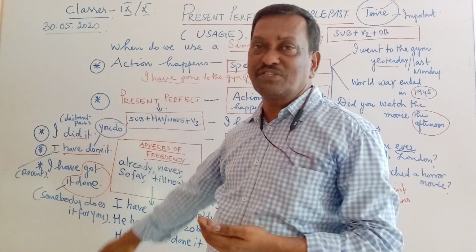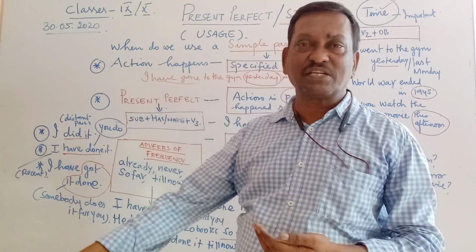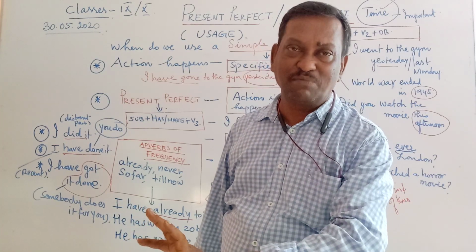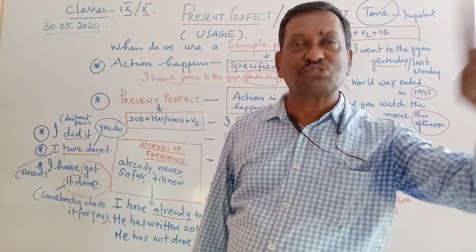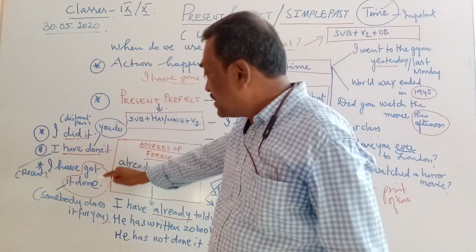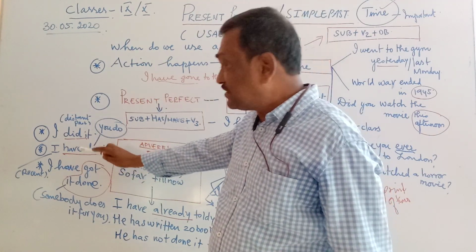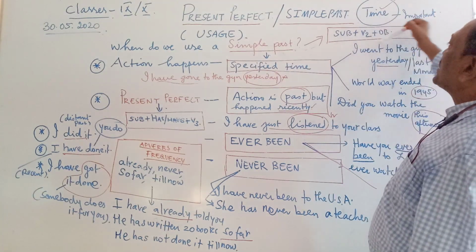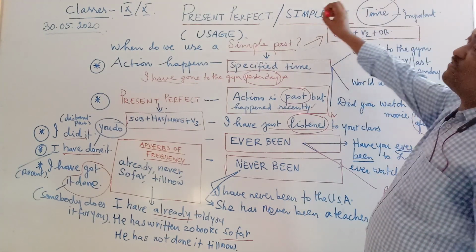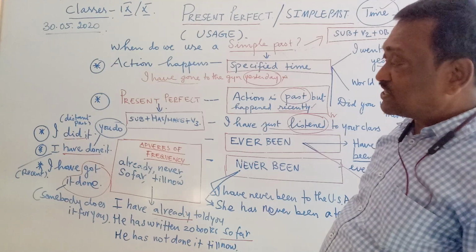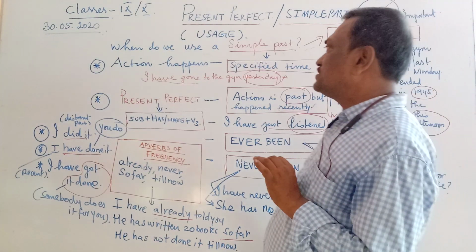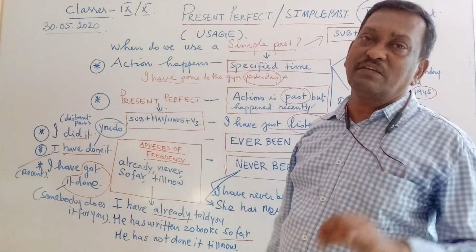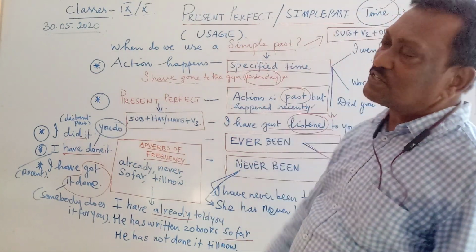I have written the story, or I have written an article. You write it. I've got the article written for me. That means somebody else is doing the job for you. So the meaning must be clear. If you understand the meaning, definitely you have learned to use the tense and you have had a perfect understanding of it. So once again, dear students, try to distinguish, try to identify the present perfect and the simple past.